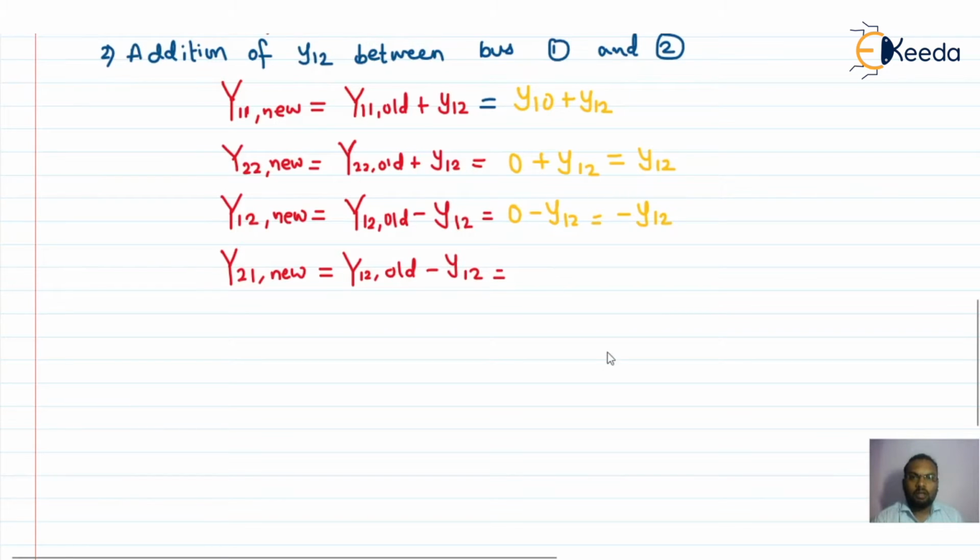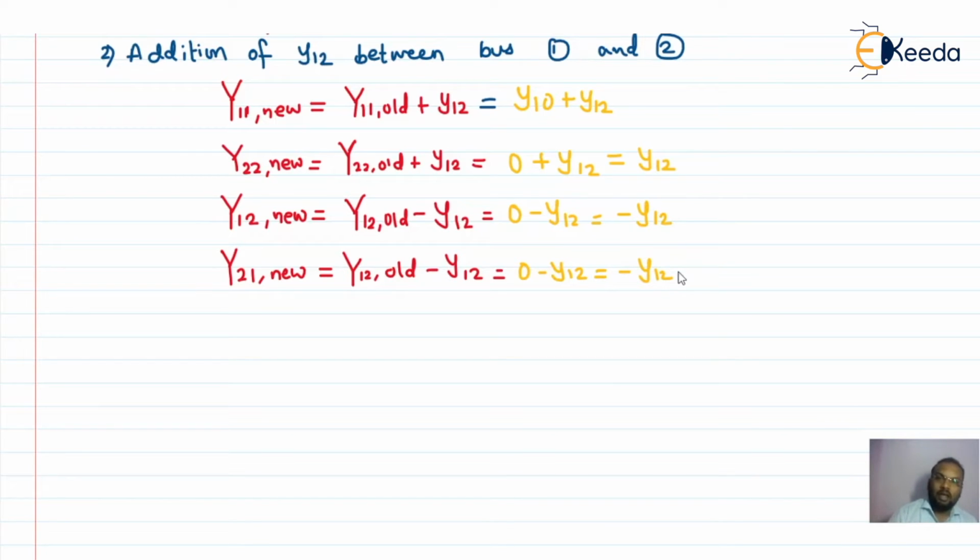Earlier this value was 0, so it becomes minus y12. This is how the addition of an element between bus 1 and 2 affects these four entries.